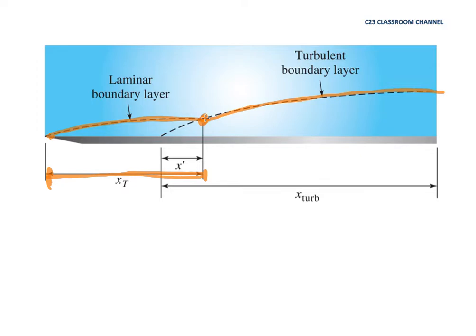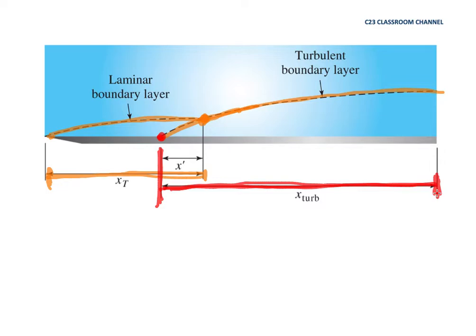Because this point is not on the surface, if we project the turbulent boundary layer, we could assume that it actually starts at this point. So we need to calculate the length of the turbulent boundary layer from its starting point to the edge of the plate.